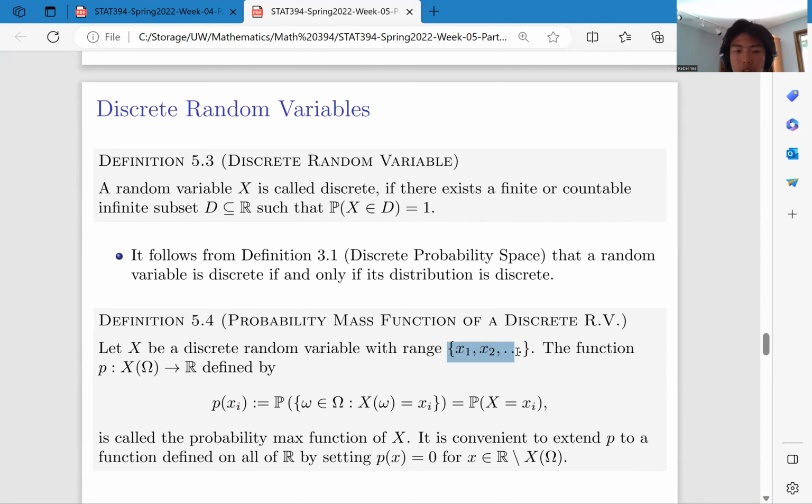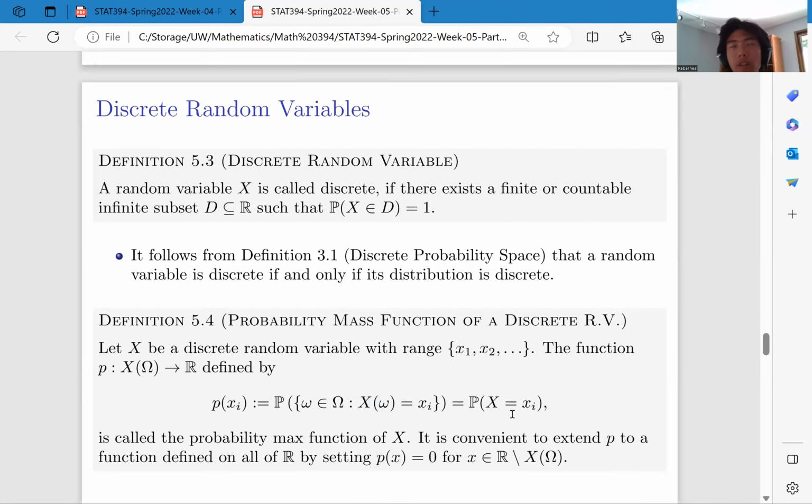Those are the realizations of X. X can only take values in this set. So the function we define, p from the range of X to R, is defined by p(xi) equal to the probability that X's realization is xi. By simplification, this means P(X = xi).